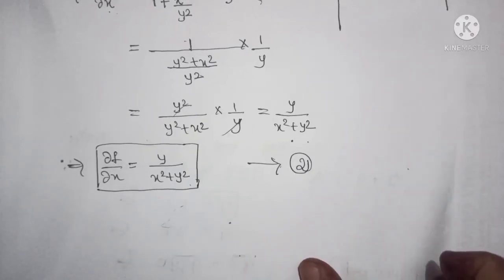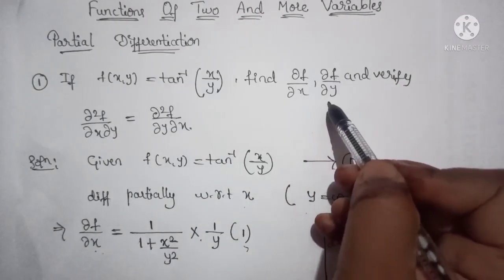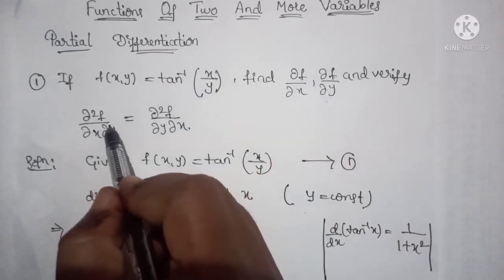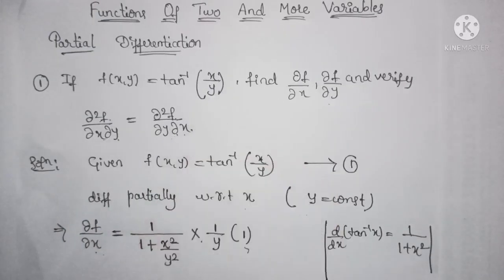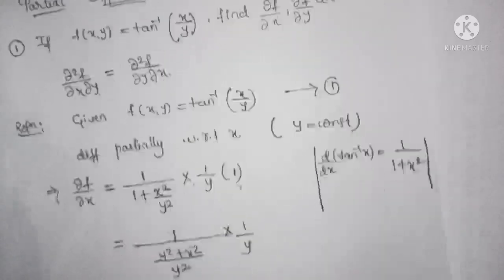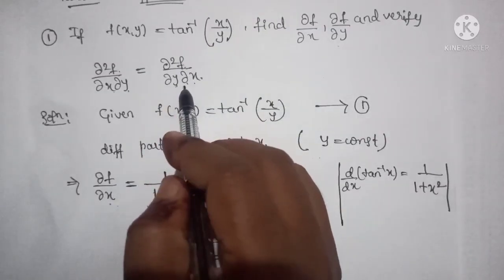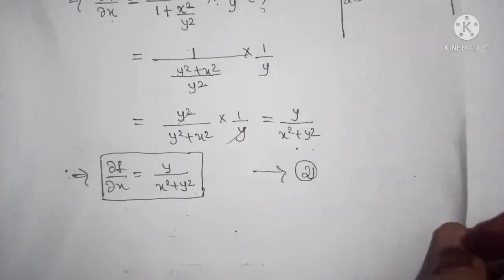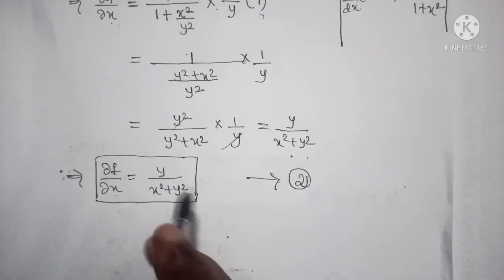Now we also need this ∂f/∂y, we will find this later on. Here we need ∂²f/∂x∂y and ∂²f/∂y∂x. So that means to get this ∂²f/∂y∂x value, we have to differentiate this ∂f/∂x partially with respect to y.